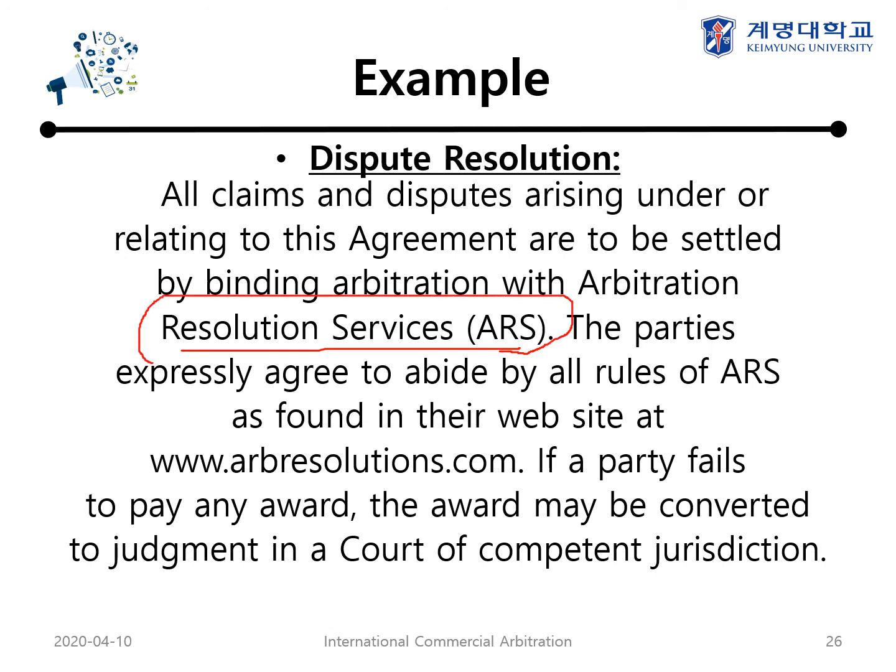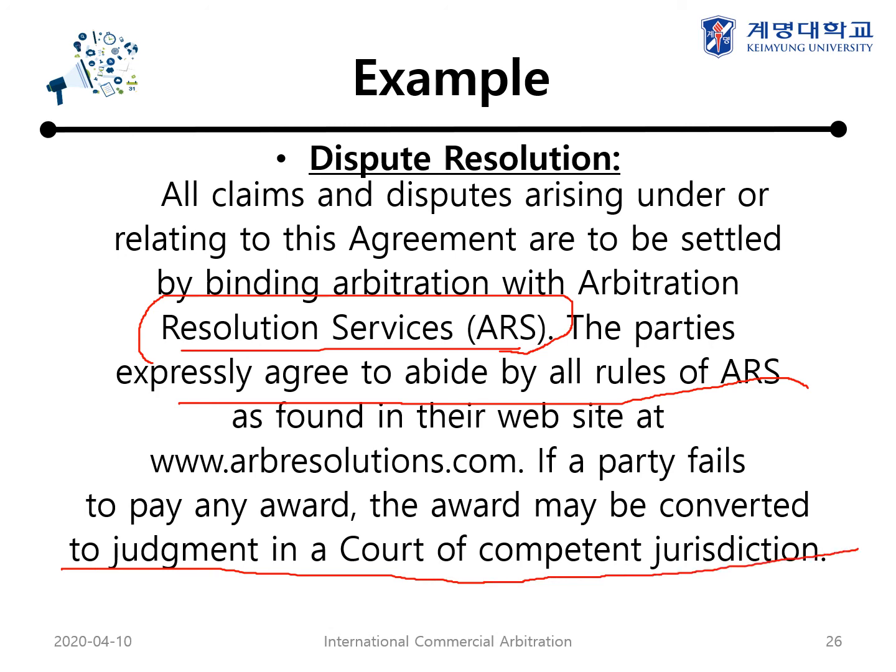The statement says that they expressly agreed to abide by the rules of ARS, as found on their website at arsresolutions.com. If a party fails to pay any award, the award may be converted to judgment in a court of competent jurisdiction.